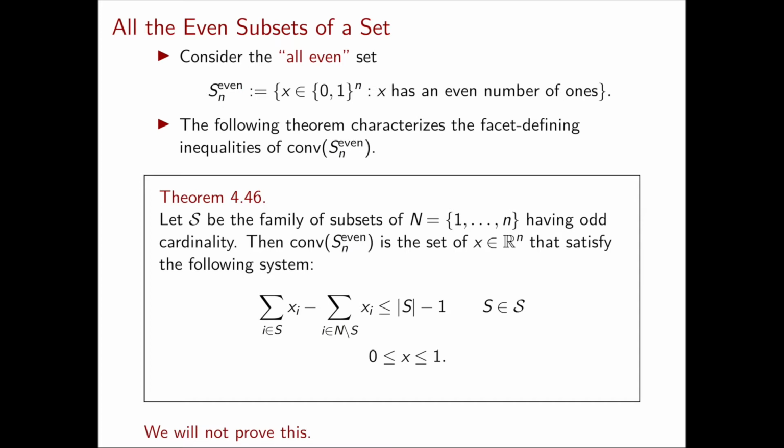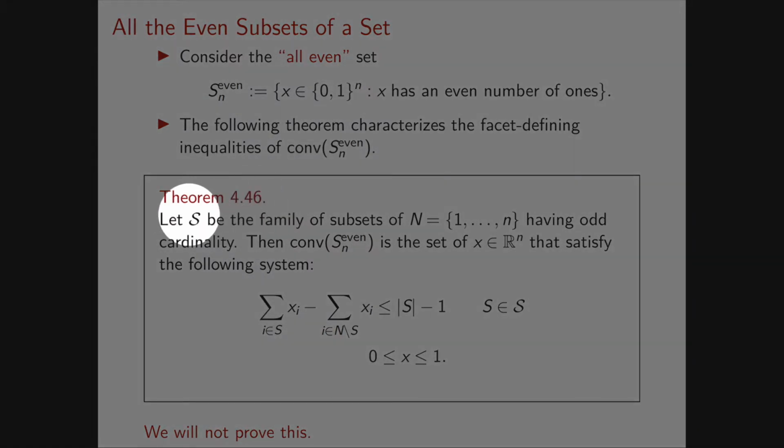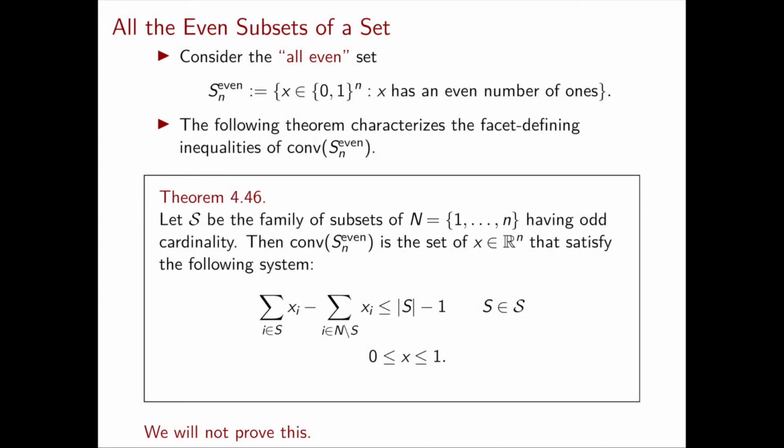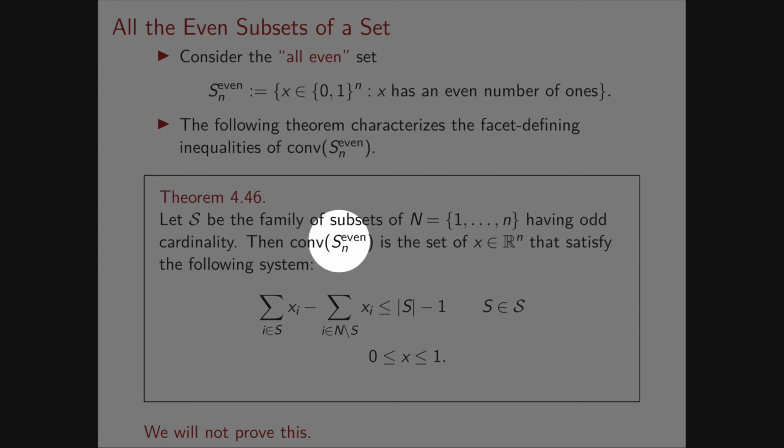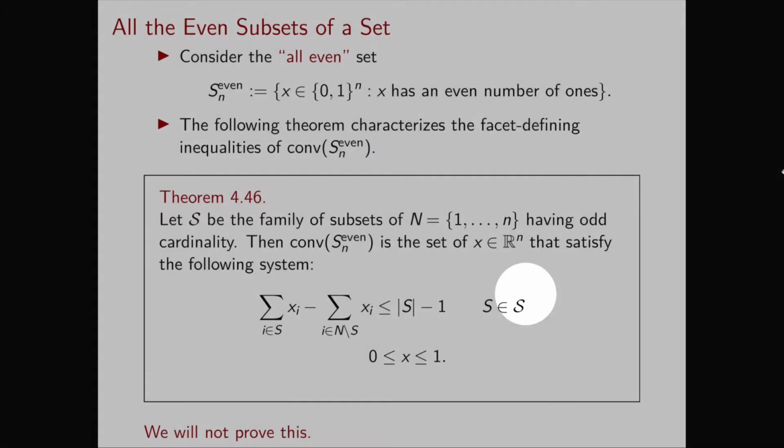And in fact, this doesn't use necessarily the union of polyhedra. So let's pick a ground set, capital N, with elements 1 until little n, and pick fancy S as the family of subsets of N of odd cardinality. Then we can write the convex hull of S^n_even as the points in R^n that satisfy this system.